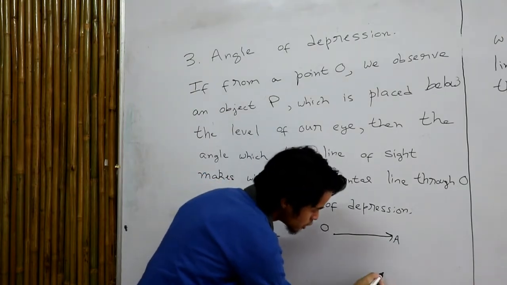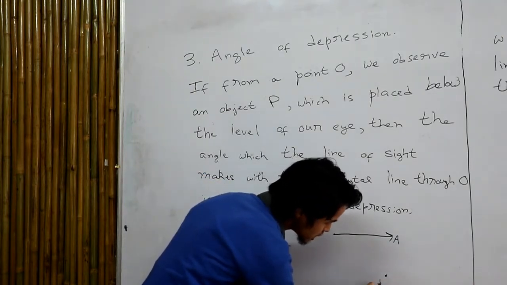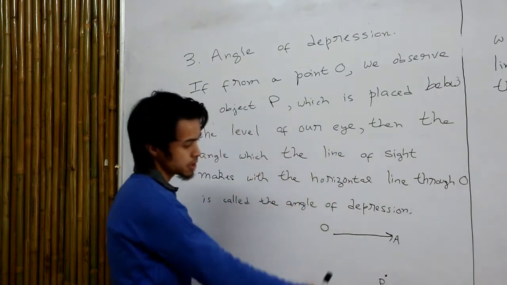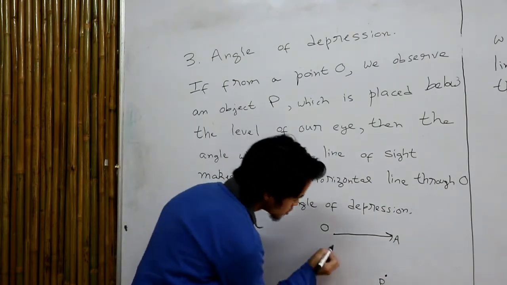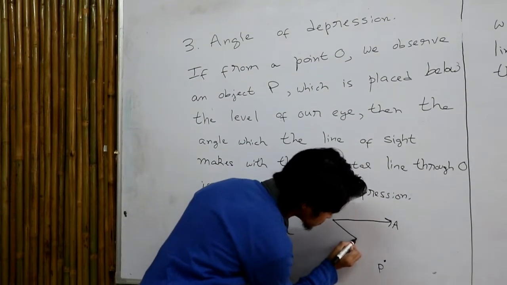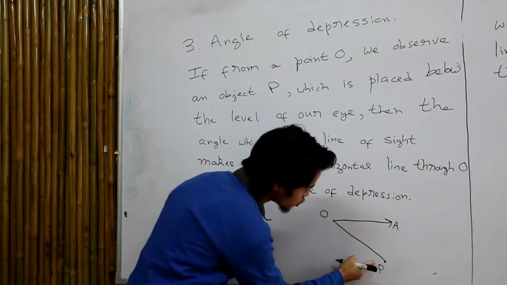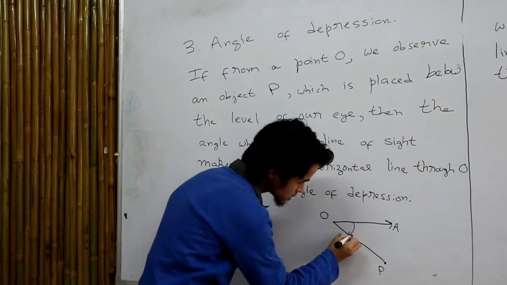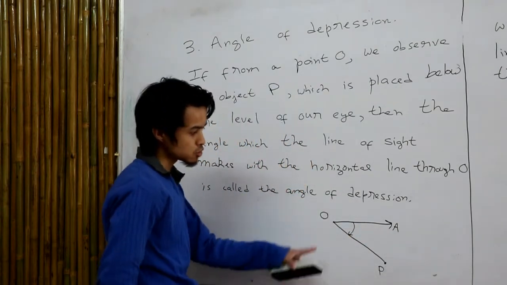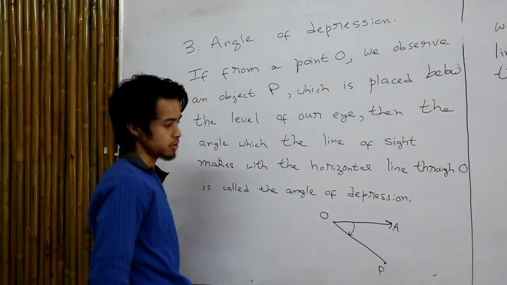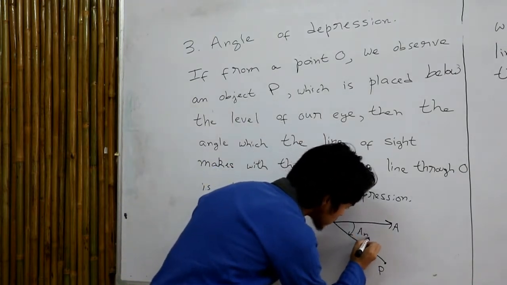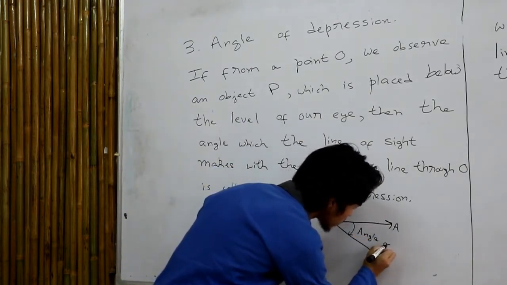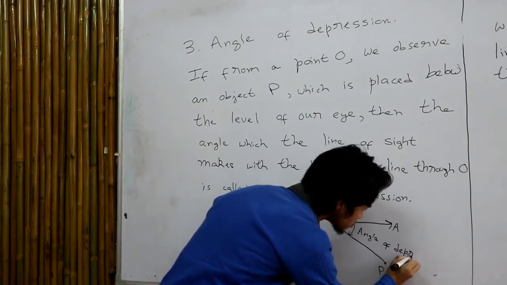So when we look at an object which is placed below the level of our eye, suppose we name this object as point P, observing it from this position O, this line OP is the line of sight, and this angle which the line of sight makes with the horizontal line through O is called the angle of depression. This will be the angle of depression.